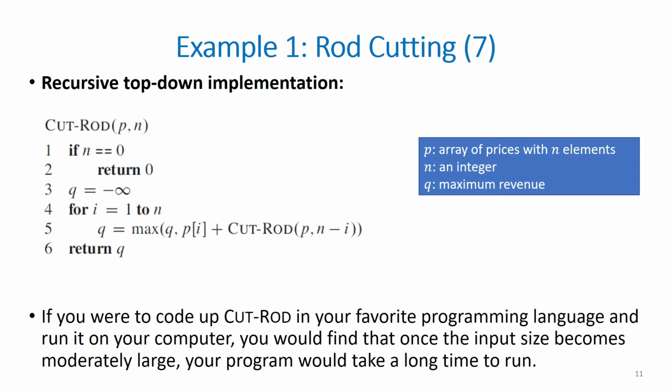In this pseudocode, the algorithm takes as input the price list for all n elements and the value of n. Once n reaches 0, it stops. Until then, it iterates from i equal to 1 to n to calculate the revenue for all possible cut lengths i. Running this code for large values of n becomes very time-consuming, and we will see why in the next slide.